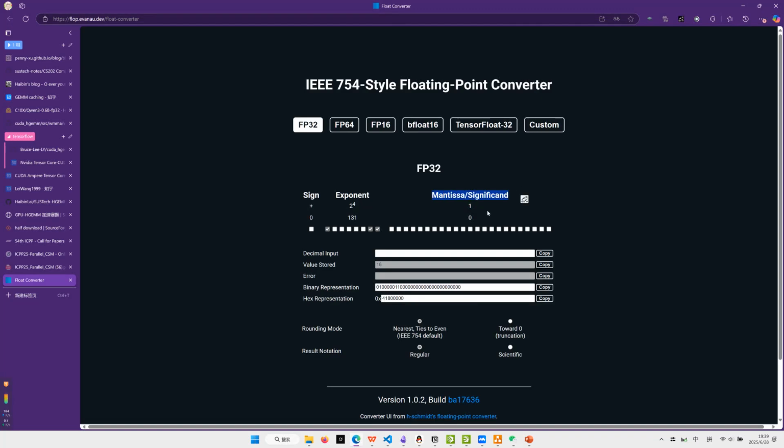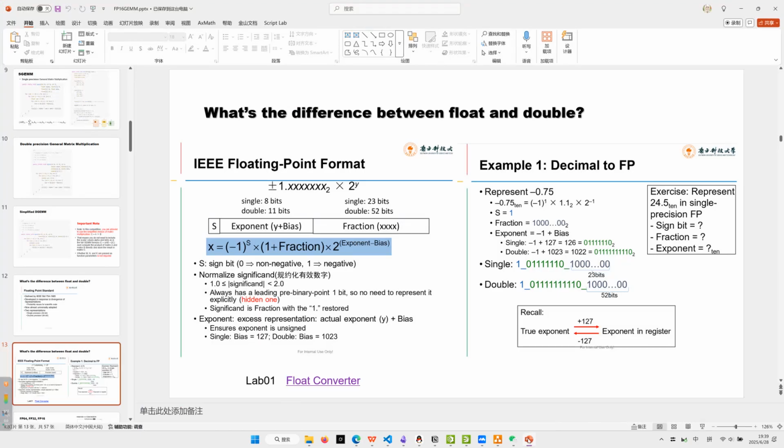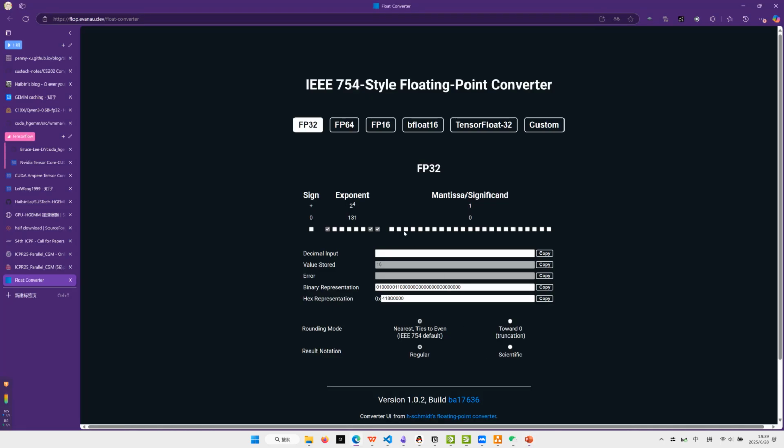Now we need to get the fraction bits. Since here we got 16 and we got 1 before, the value stored here is 16. And then we need to get to 24, that is, we need to add 8. Since this is 8, this will be 4, and this will be 2, 1, and 0.5.